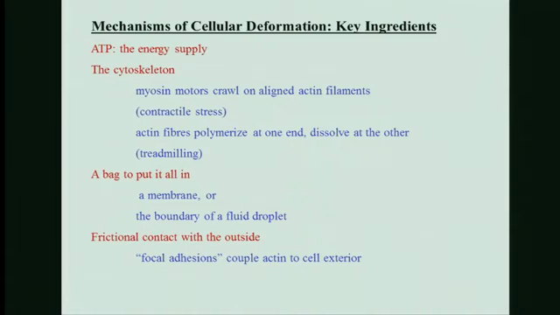You may also need frictional contact with the exterior world, and if you're going to do this crawling mechanism, which I'll say a little bit more about in a minute, there's something called focal adhesions, which couples these actin filaments through the cell membrane to the outside world and allows you to grab hold of your environment.